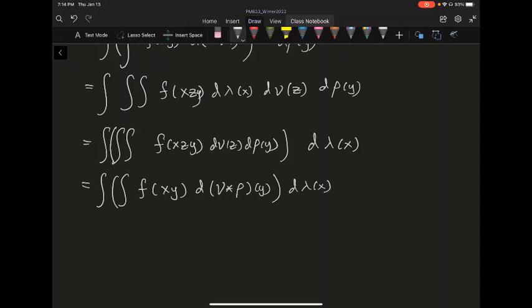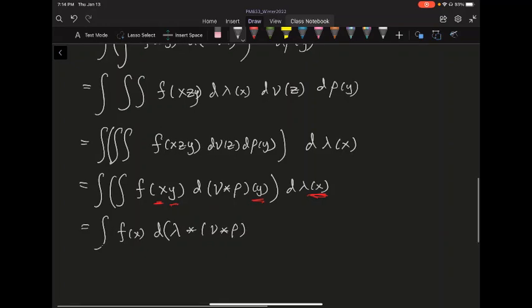All right, so again, here the sequence of the measures is not important, but because your x comes first and your y comes second, this one is going to equal the integral of f with respect to lambda first, and then you convolve with nu convolved with rho, okay?